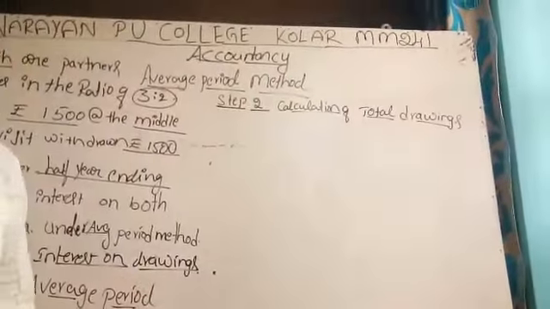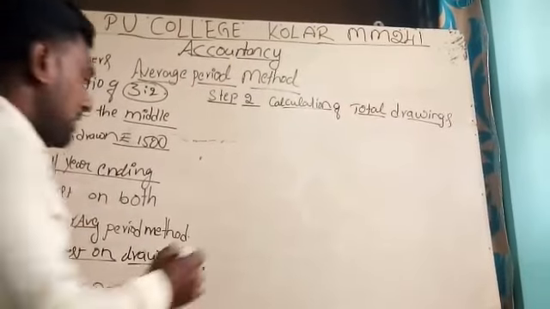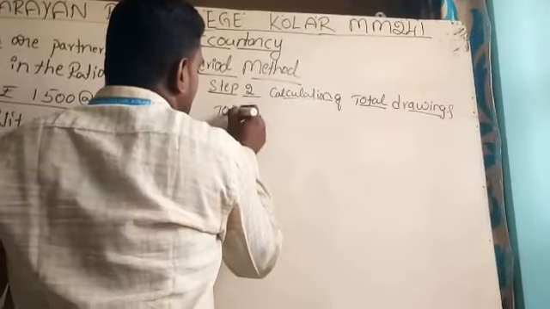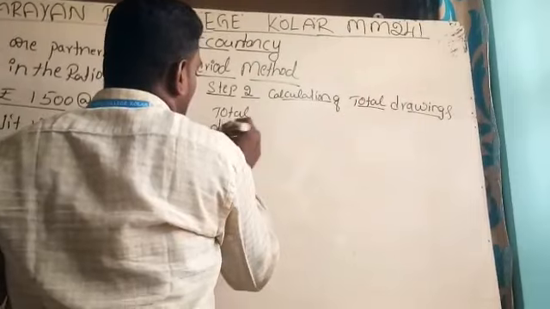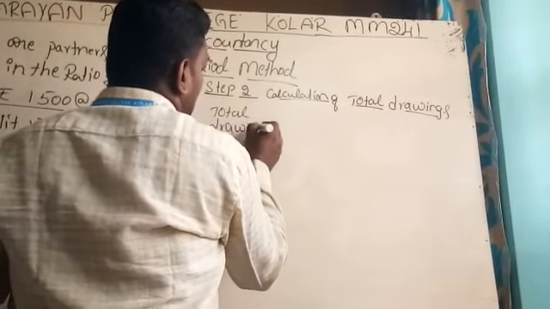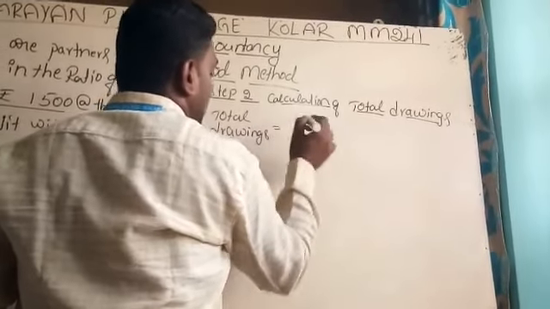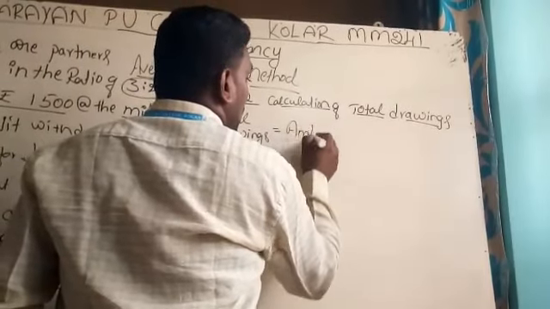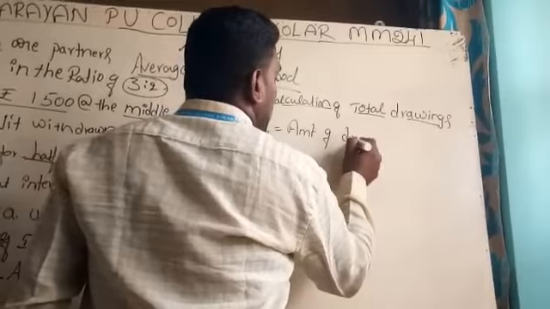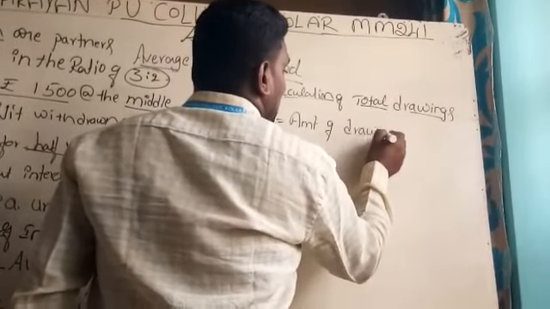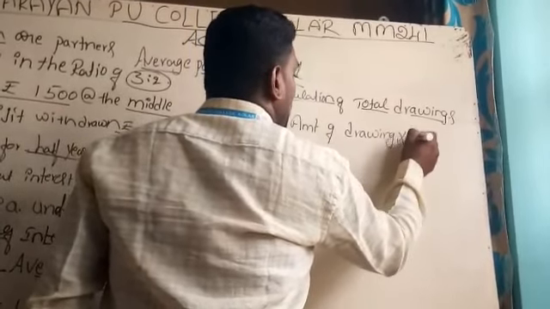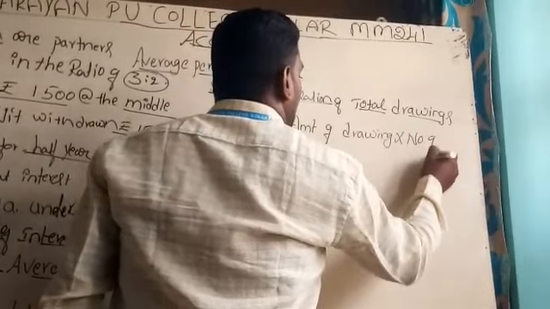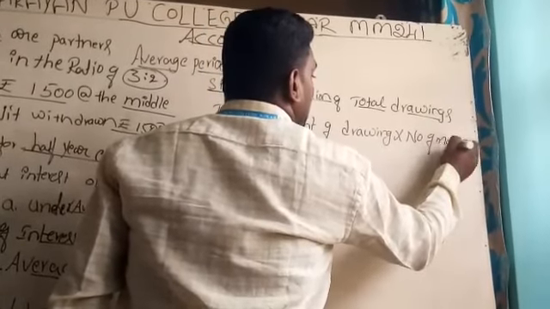Therefore, how to calculate the total drawings? Total drawings is equal to amount of drawings into number of months.